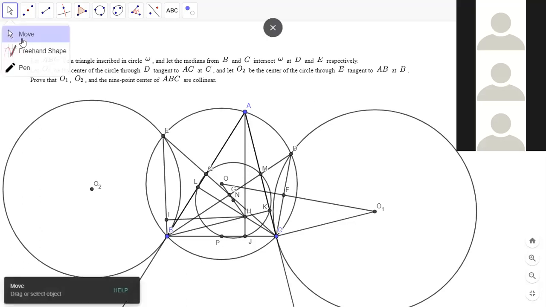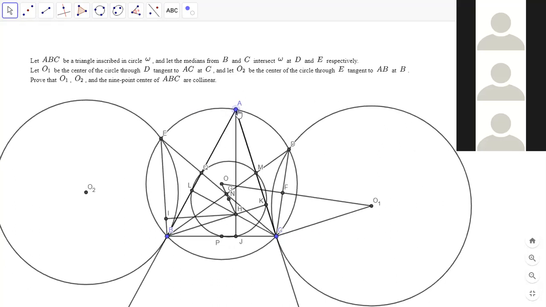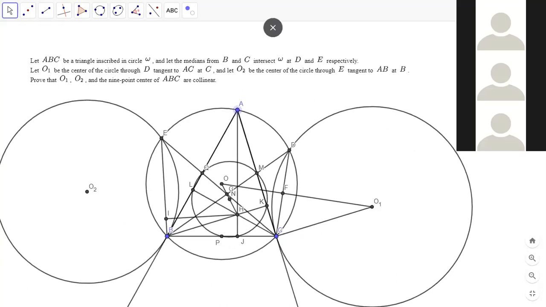Let me try something. I have an idea, but it's really hard to get it to work.